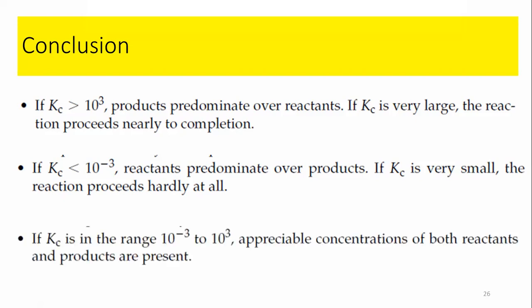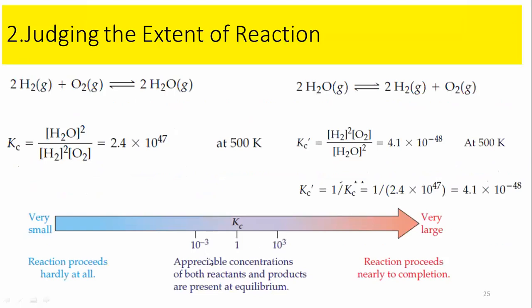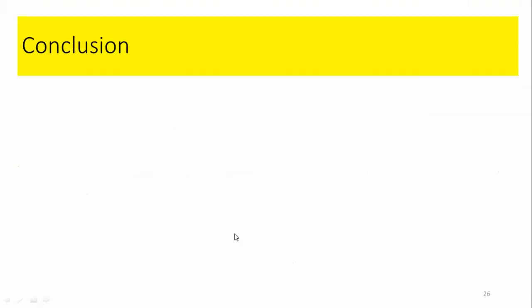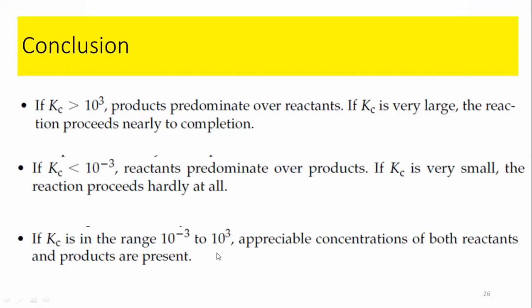And the third limitation is in between, as I have explained over here. If the value is 10^-3 to 10^3, then this condition prevails. And what is this condition? At this point, appreciable concentration of both reactants and the products are present.